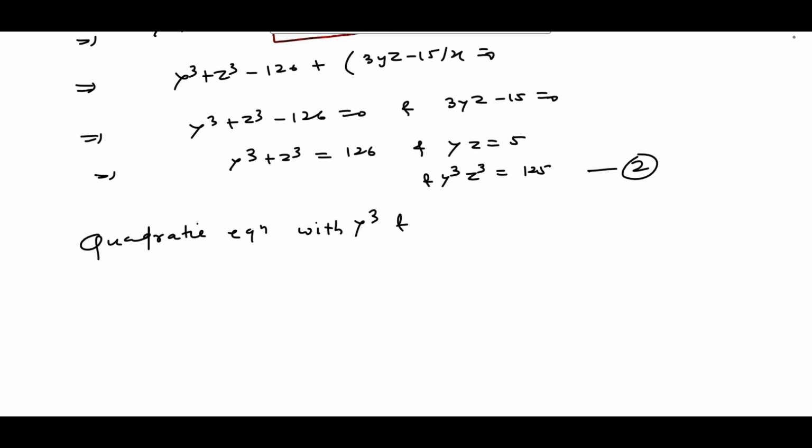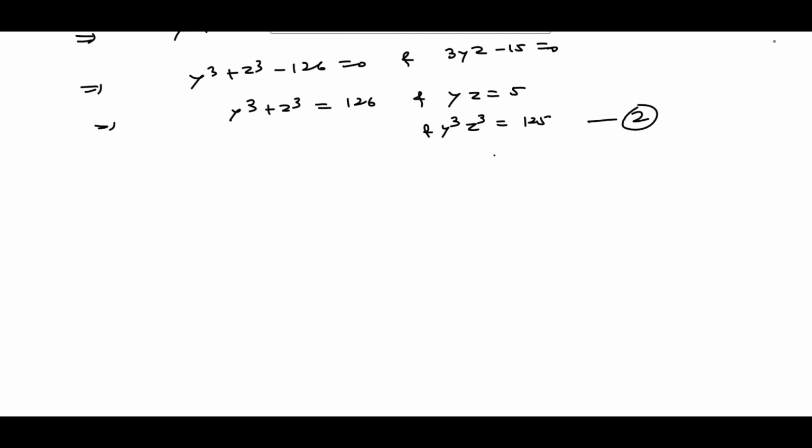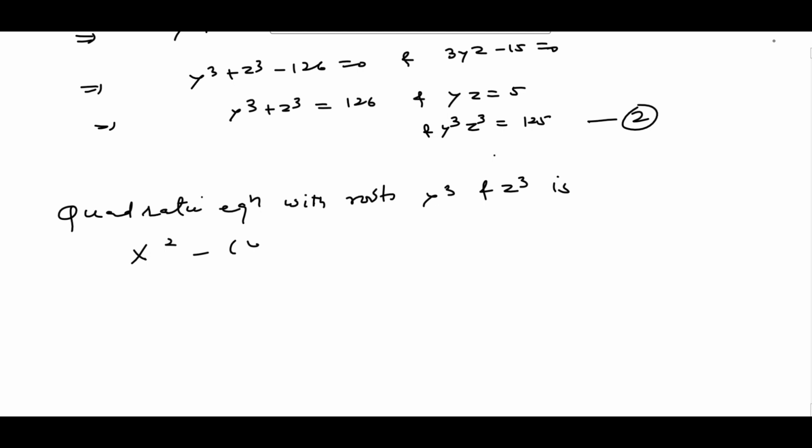So now the quadratic equation with the roots y cube and z cube is capital X square minus (y cube plus z cube) multiplied by X plus y cube z cube is equal to 0, that is X square minus 126X plus 125 is equal to 0.